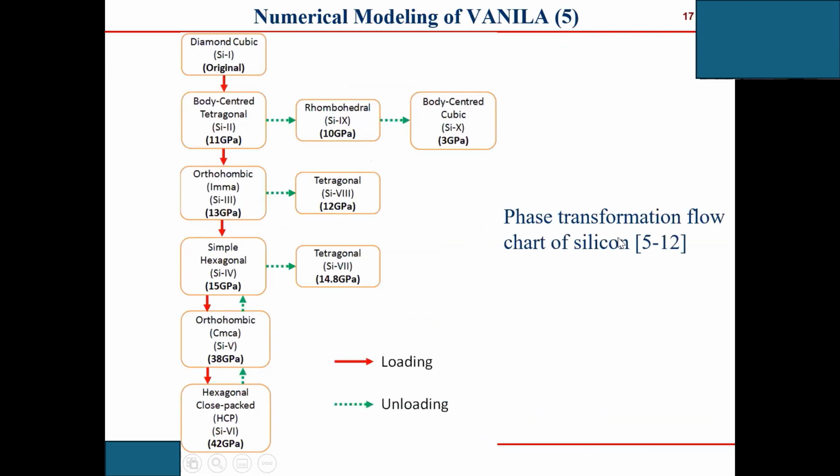So here is a phase transformation flow chart of silicon. Silicon is a very important material, and under different pressure, you will have different phases. I told you guys how we define a phase.